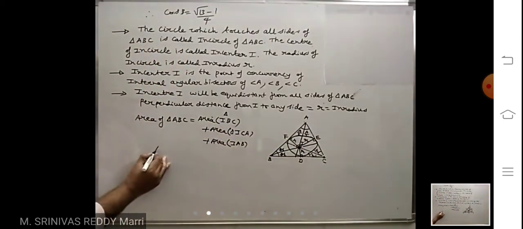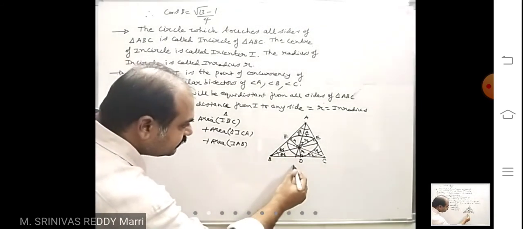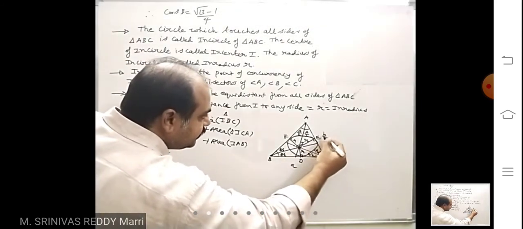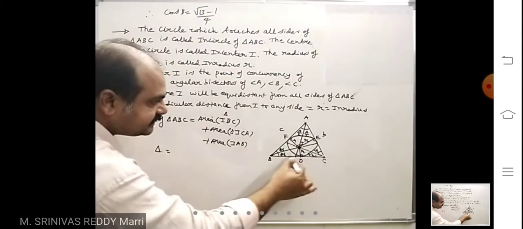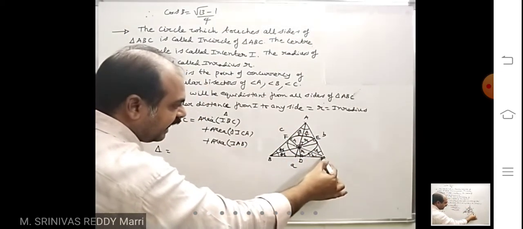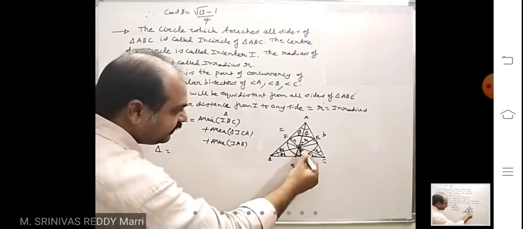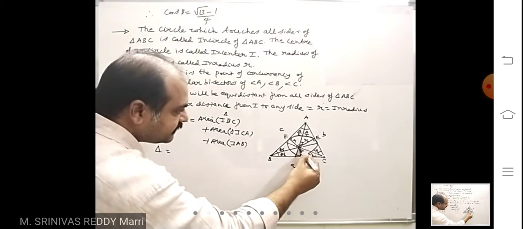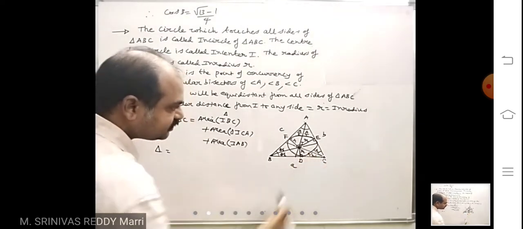Area of triangle ABC is denoted by delta. In triangle IBC, this is length a, this is length b, this is length c. Area of triangle IBC is half base into height. Base is BC, that is a, and the height is r, the perpendicular distance from I to side BC.